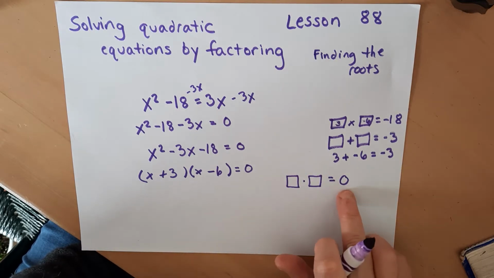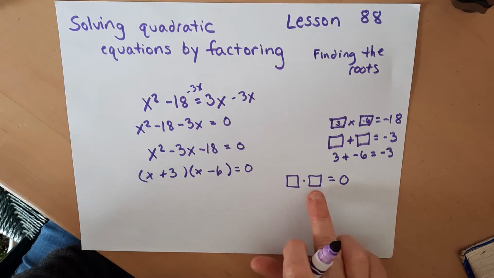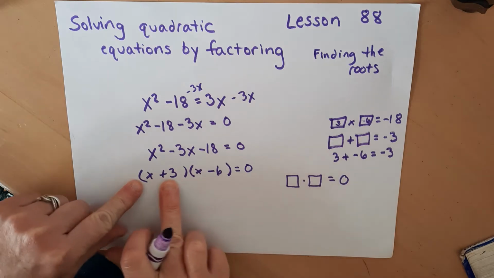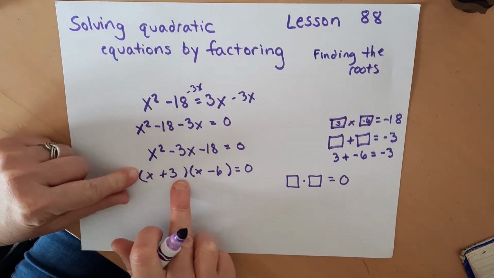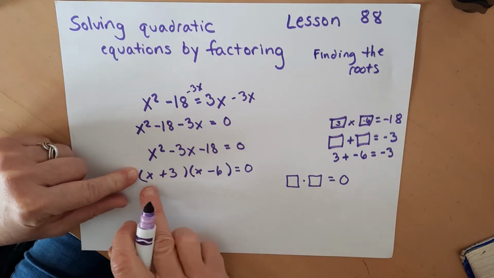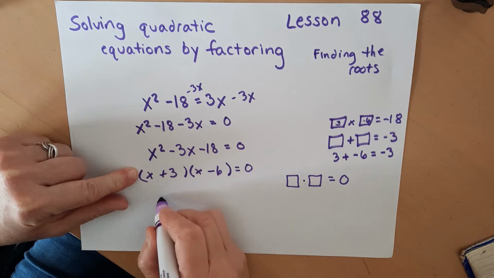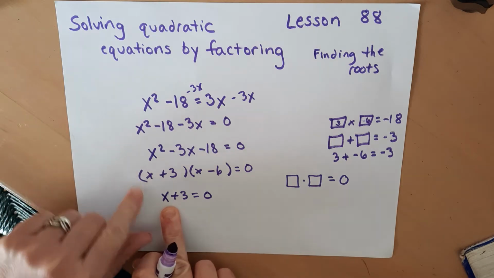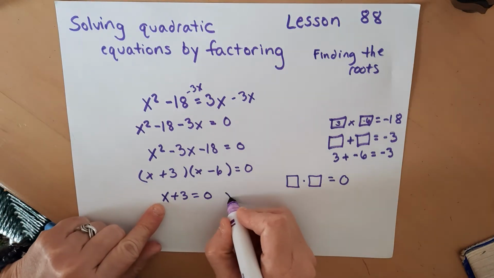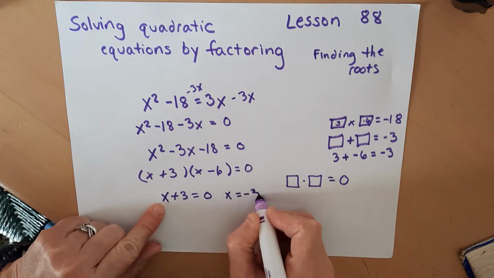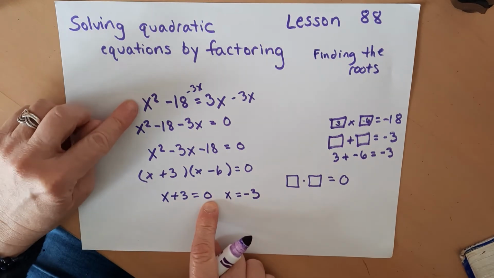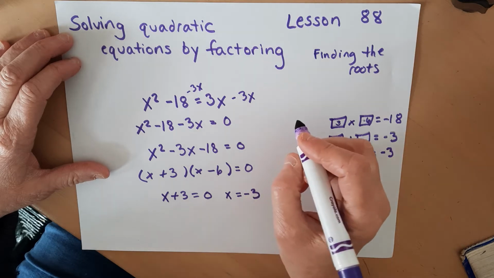The only way you can get 0 when multiplying is if you multiply by 0. So we look at x plus 3. If x plus 3 equals 0, what does x need to be? x would have to be negative 3. So one of the answers to this equation is negative 3.